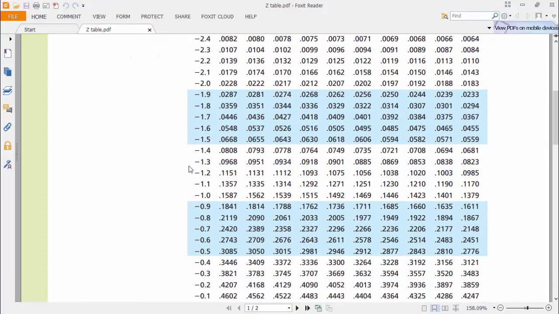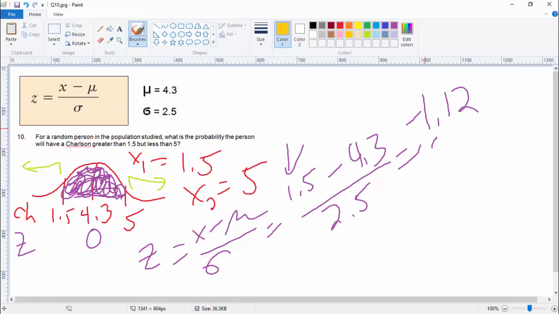So negative 1.12 is 0.1314. So let's hurry up and remember this. So the probability equals 0.1314. If you do that in your head, that's like 13%. That's really little, and so we got the little piece.